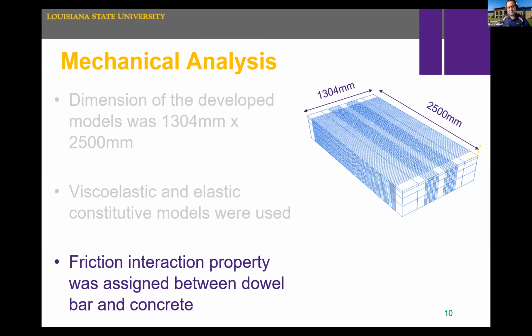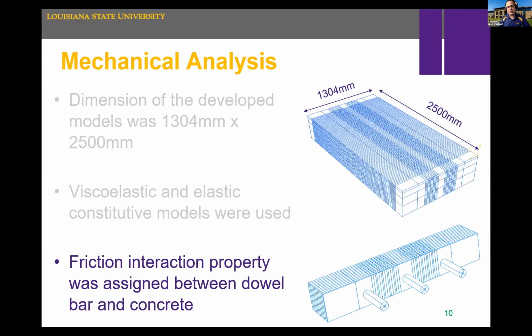We simulated the interaction between the layers using a friction model, and we also assigned a friction between the concrete and the dowel bars, in order to simulate the load transfer between the rebar and the concrete material.